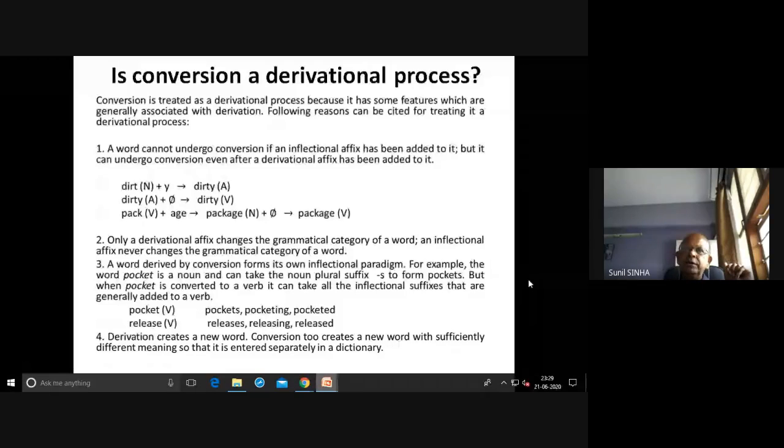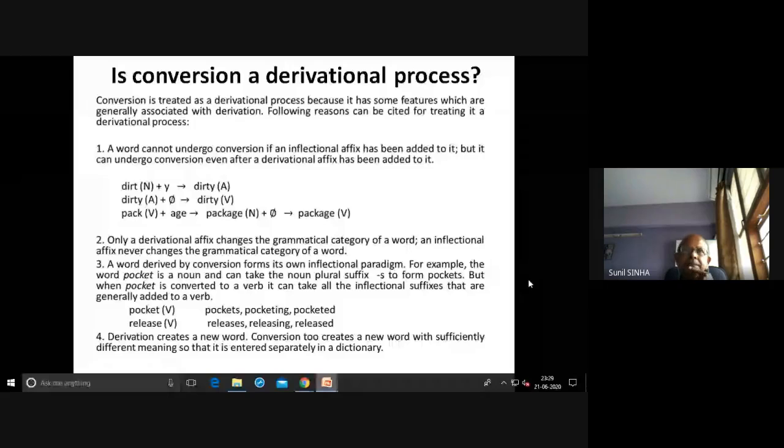If I add ed to the verb walk, we get walked. So walk is also a verb and walked is also a verb. So if you remember the class that we did day before yesterday, I told you that inflectional morpheme does not change the class of a word. But derivational morpheme does. Derivational morpheme, when added to a word, changes the class.